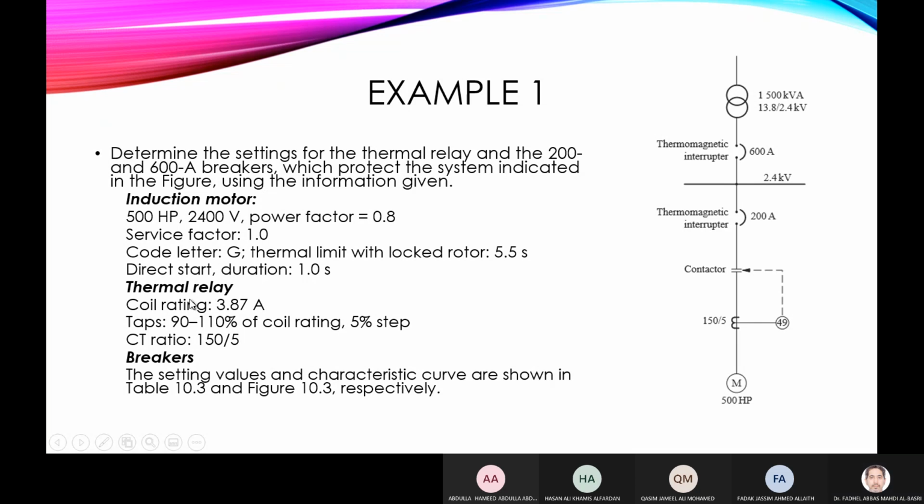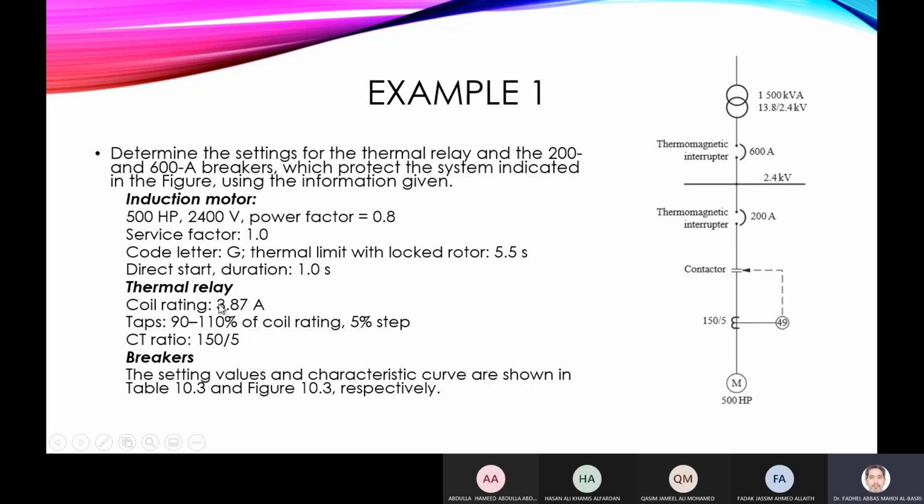The thermal relay is specified. It has a coil rated 3.8, the rated current of the coil of the thermal relay. It has a tap from 90 to 100%, 110%. This is a standard range for thermal relays.